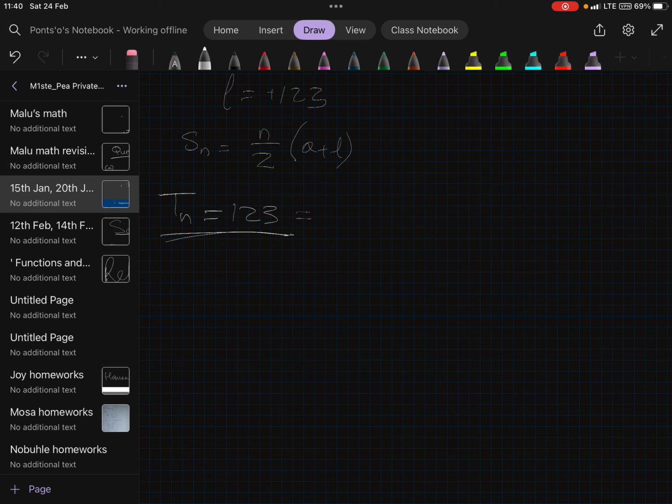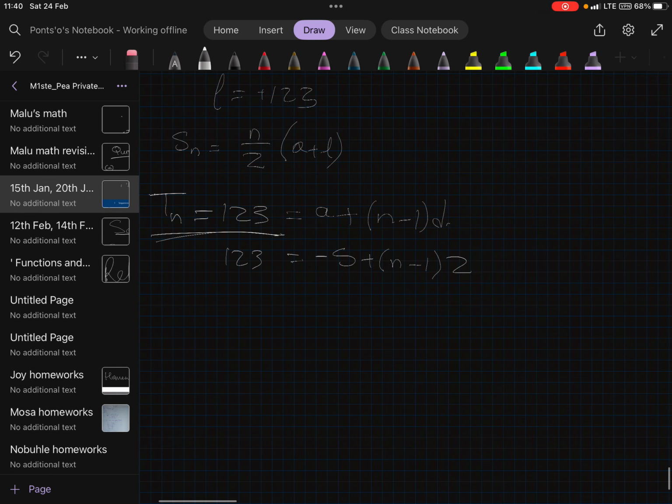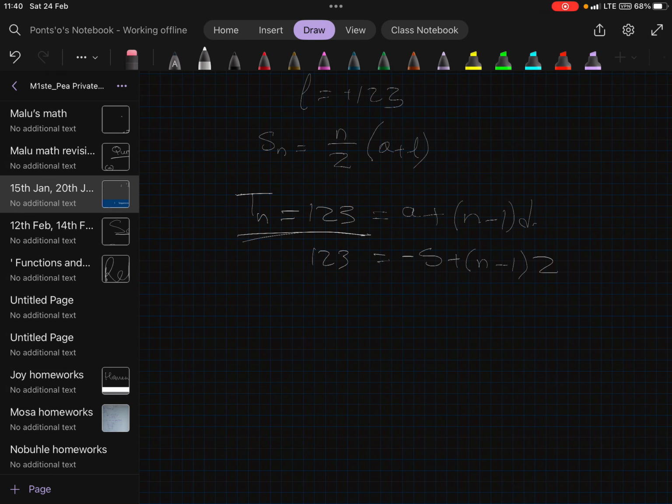That equals, from our general formula, a plus n minus 1 times d, right? And a is negative 5. We don't have n, but we've got the common difference of 2, and all of this equals 123. Now we can solve this equation and make n the subject of the formula.